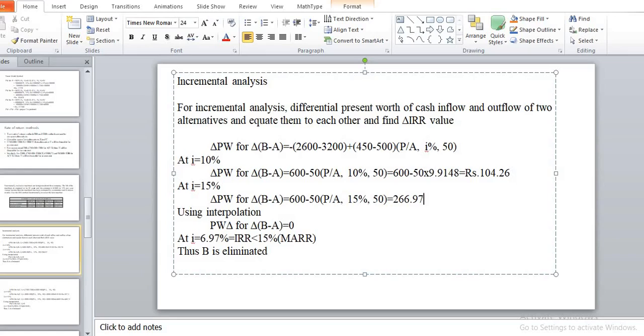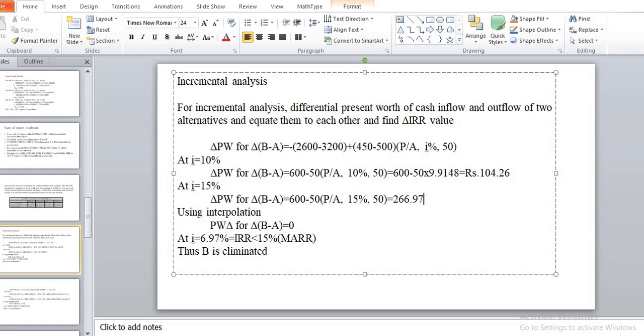If we compare this interest rate I with the MARR value, given as 15%, this will be less.